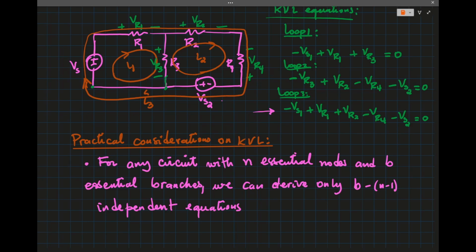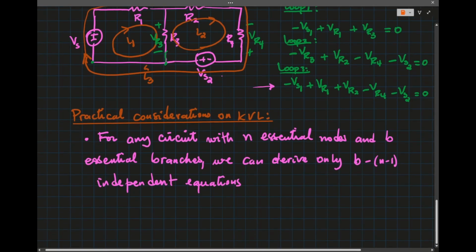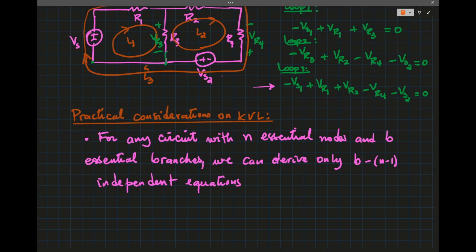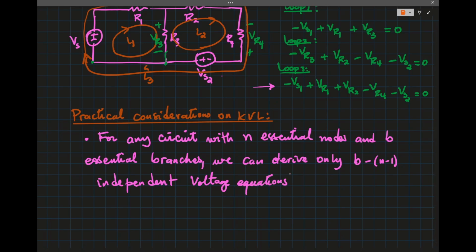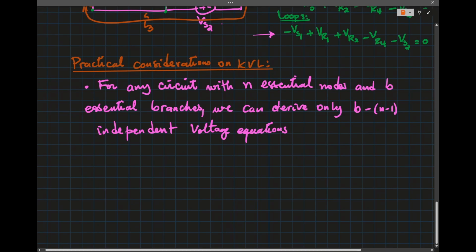When we write KVL equations, we want to make sure that we don't end up with more equations than needed. So we stick with the fact that if I have n essential nodes and b essential branches, then b minus n minus 1 is the number of independent voltage equations. I'm going to make sure that all this is crystal clear.